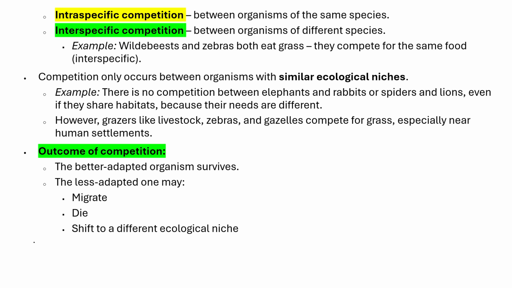And how can interspecific competition happen? They give two examples: the wildebeests and the zebras both eat grasses, sometimes at the same time, or the same grasses, so they compete for the same food, which is interspecific.